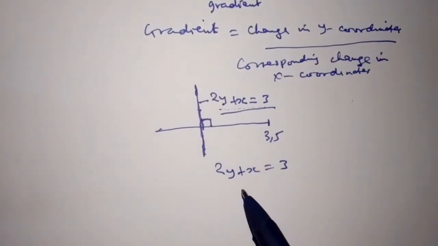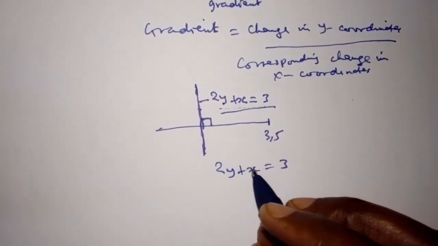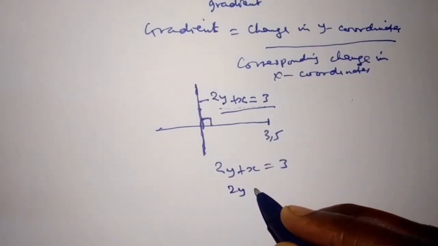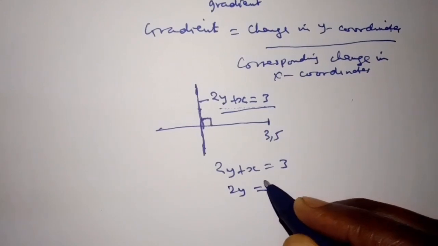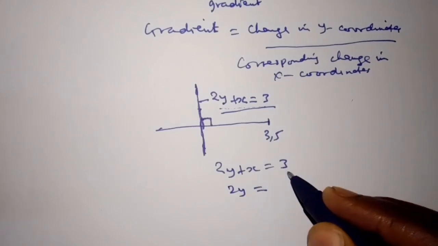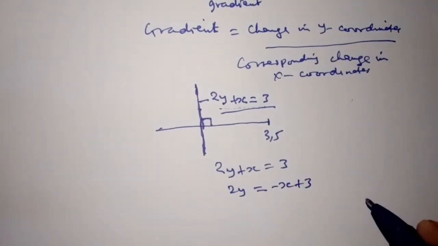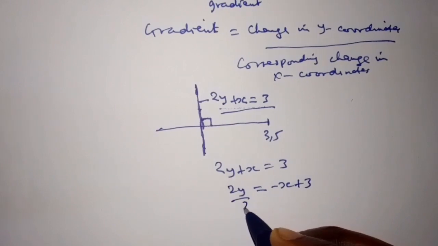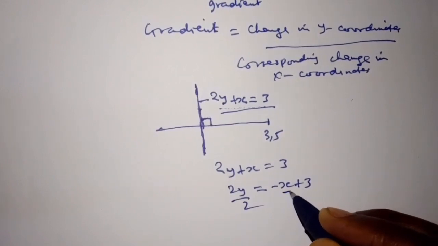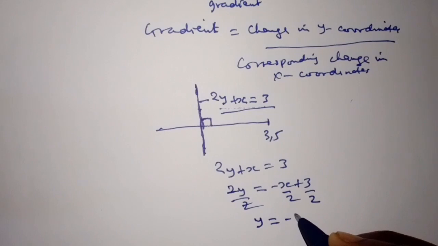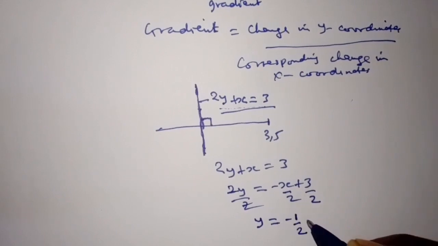So 2y + x = 3. 2y is equal to, we bring positive x to the other side, it becomes negative x + 3. Then we divide by 2 on both sides. y is equal to negative 1 over 2 x + 3 over 2.